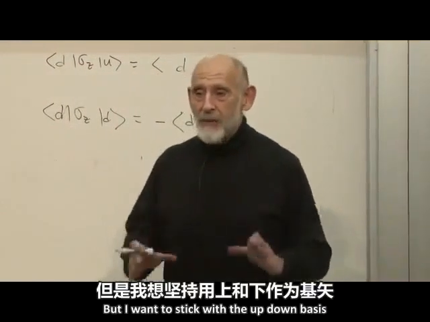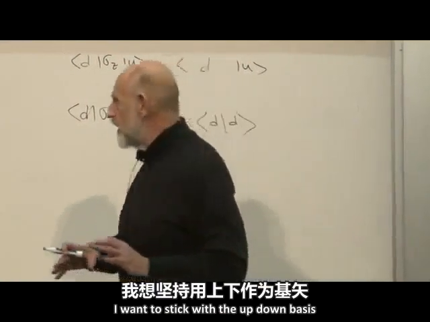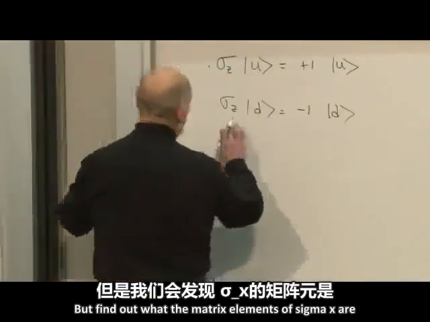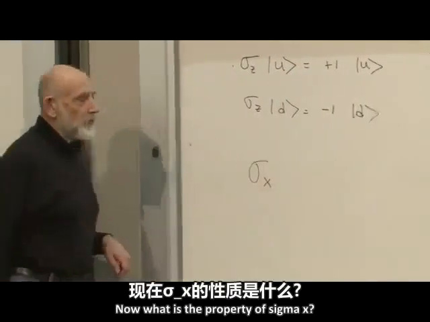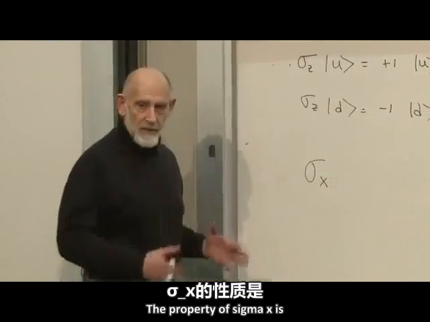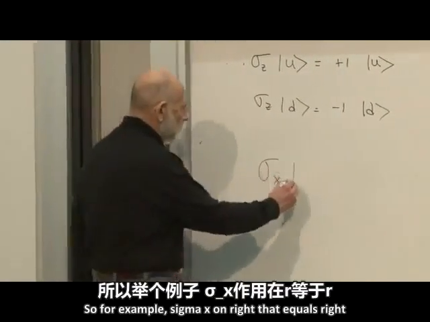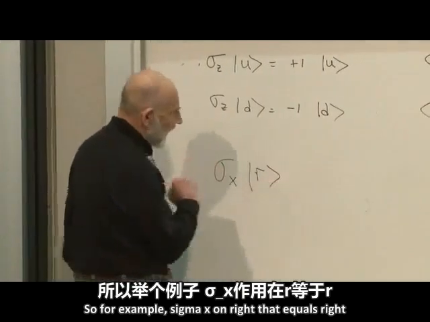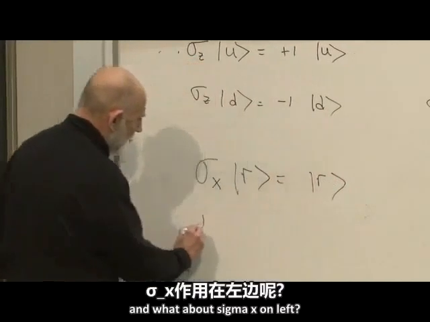But I want to stick with the up-down basis and find out what the matrix elements of sigma x are. Now, what is the property of sigma x? Its eigenvectors are left and right. So, for example, sigma x on right equals right. And what about sigma x on left?